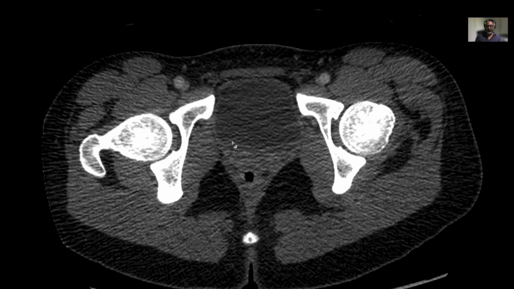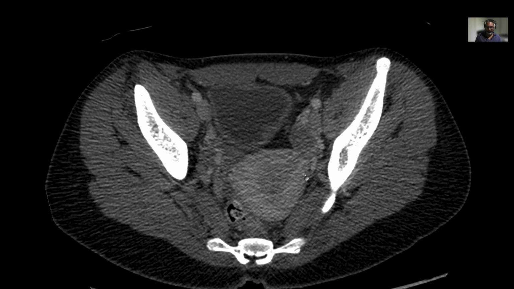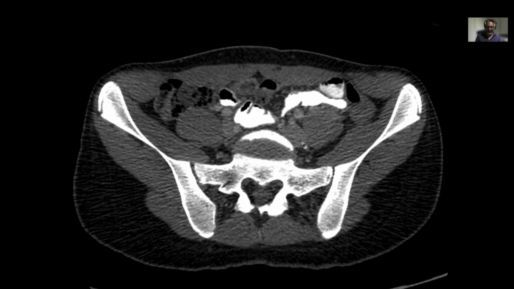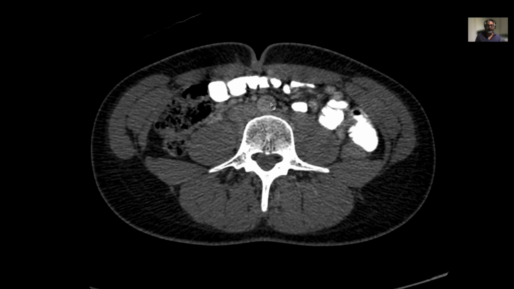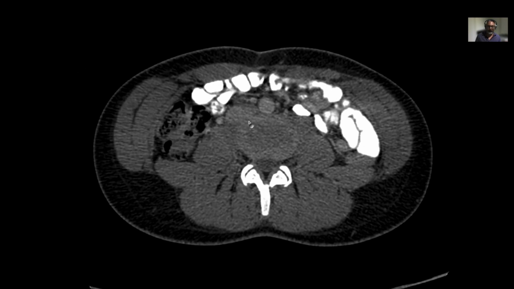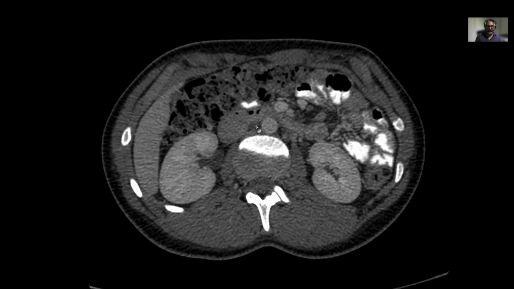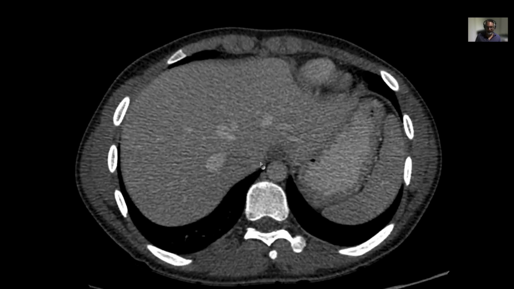So inguinal nodes, external iliac and internal iliac nodes come together to form the common iliac nodes here. The common iliac nodes come together, and then there are the para-aortic nodes, aortocaval nodes, pre-caval and retrocaval nodes. And that is how the nodes are that are extraperitoneal, outside the peritoneum.